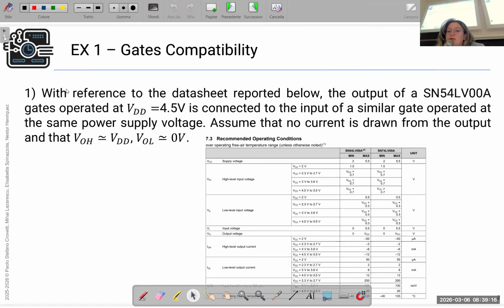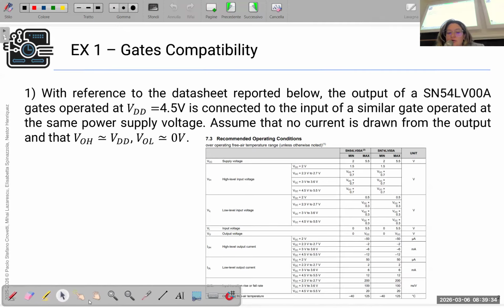Assume that no current is drawn from the output and that VOH is more or less equal to VDD and VOL is more or less equal to 0 volt. Here I reported the datasheet of the component, and we will see it together.